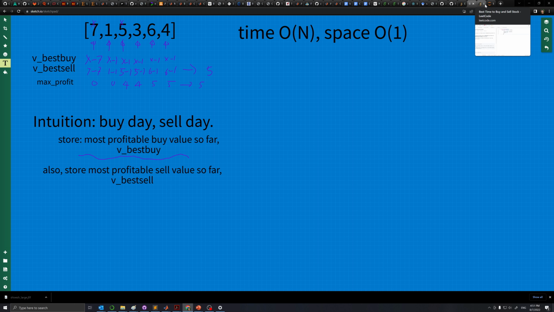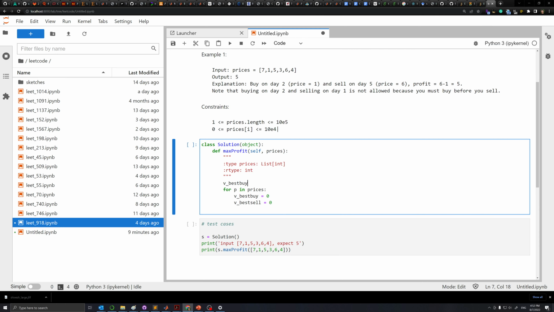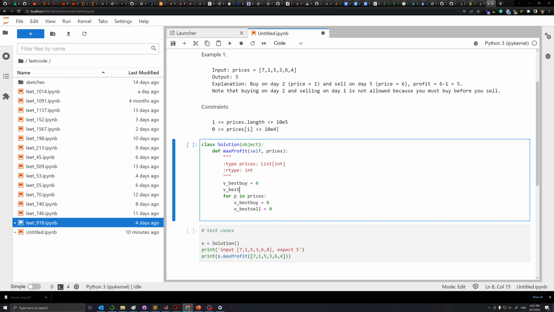So we're gonna start this by what? I don't know. V best buy, I don't know what to initialize it with. So let's just initialize it with 0 for now. V best sell equals to 0. Let's just initialize them as 0. We'll see what we have to do to change them.